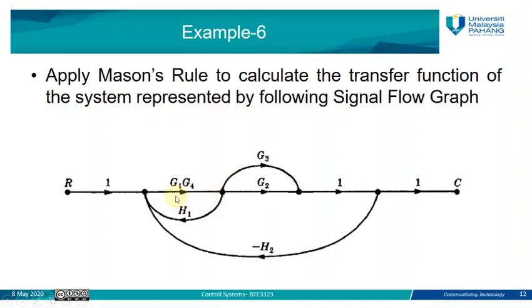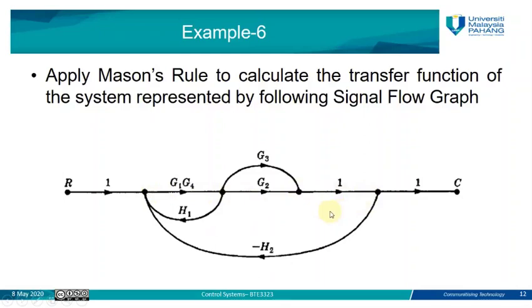Is loop 1 non-touching with loop 3? No, because they also have these nodes in common. Is loop 3 non-touching with loop 2? No, they touch each other at this node, that node, and so on. So we do not have any non-touching loops.